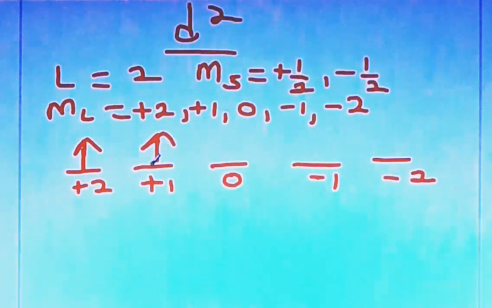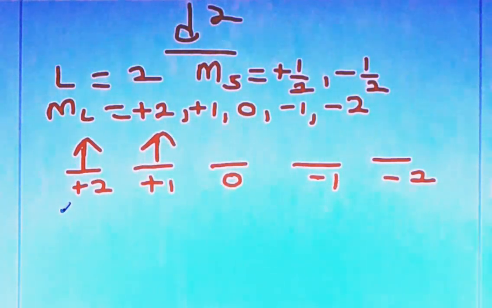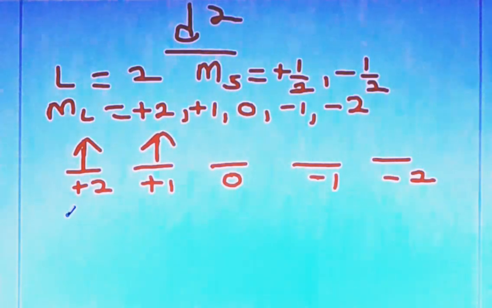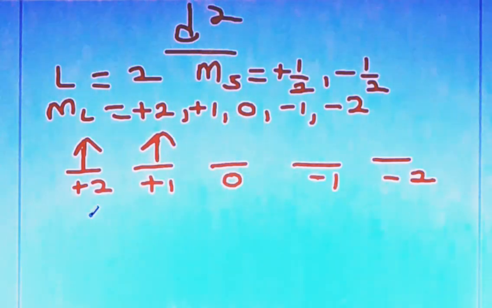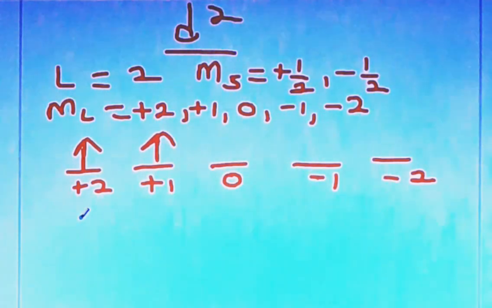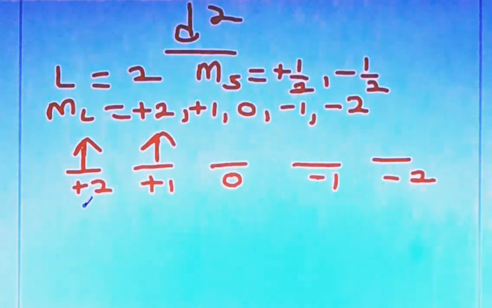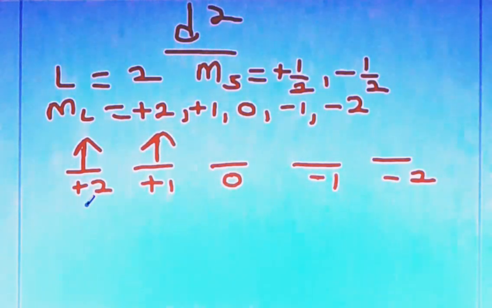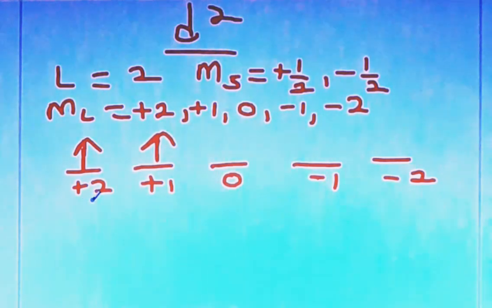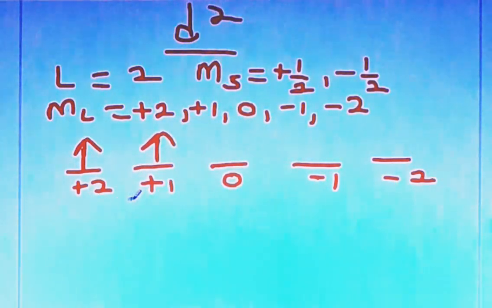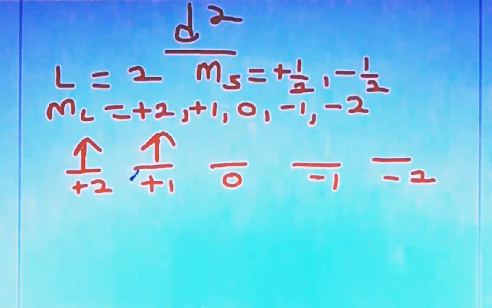After filling with the electrons, we need to calculate the total orbital angular quantum number. To determine it, we need to add the magnetic quantum numbers of the orbitals containing the electrons together.